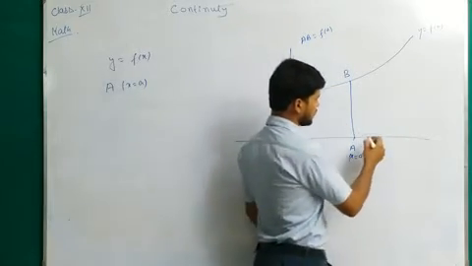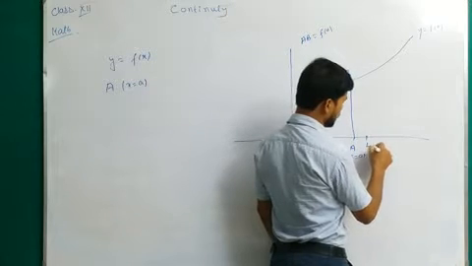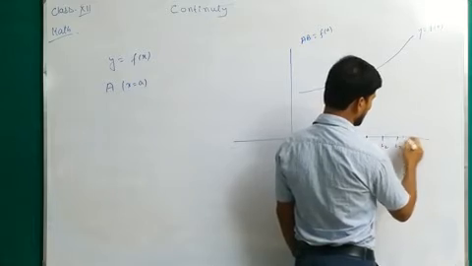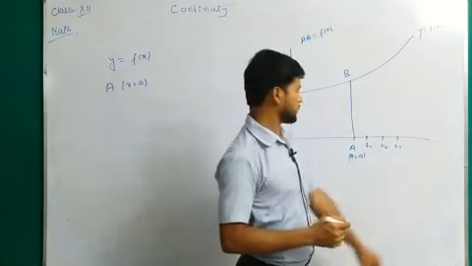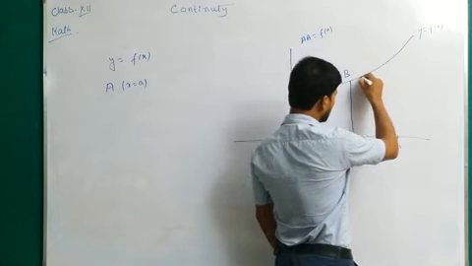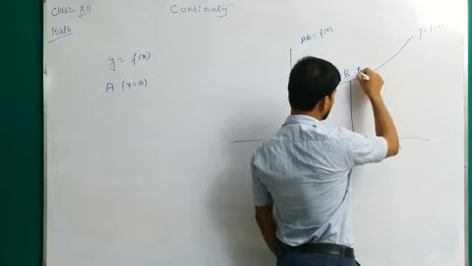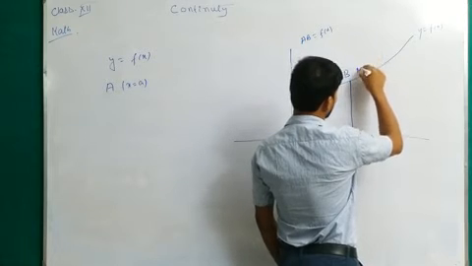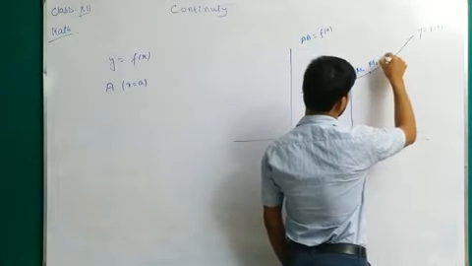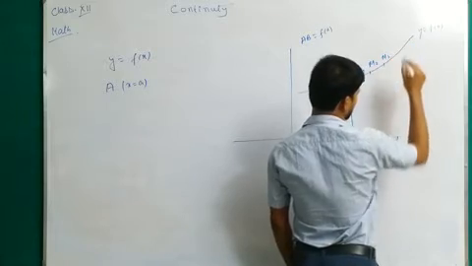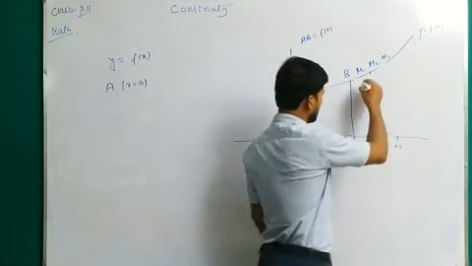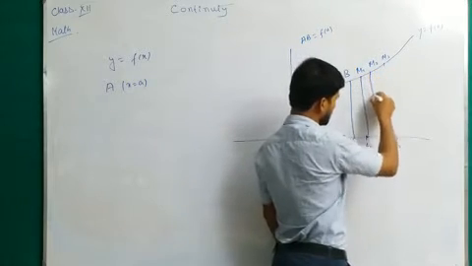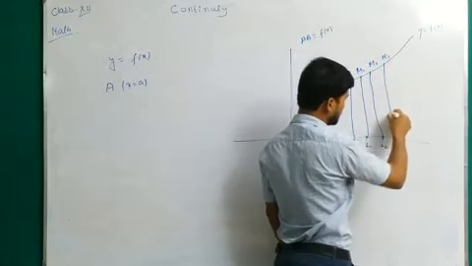Let us consider a few points, suppose L1, L2, L3, L4 on the right hand side of A, and the corresponding points on the graph are M1, M2, M3 and so on. The corresponding ordinates are M1L1, M2L2, M3L3 and so on.